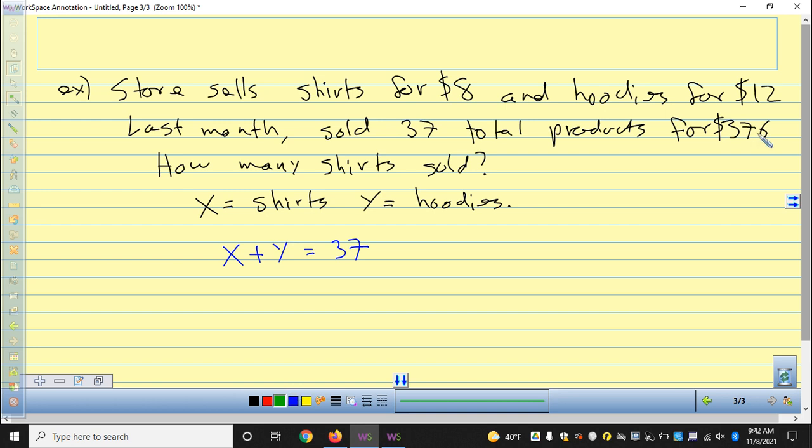And they made $376. Well, the amount that they get from shirts is 8 times X plus the amount they make from hoodies is 12 times Y. And that equals 376. Those are my two equations.